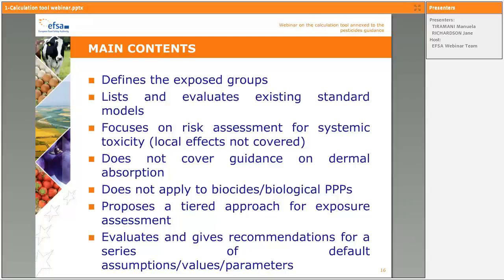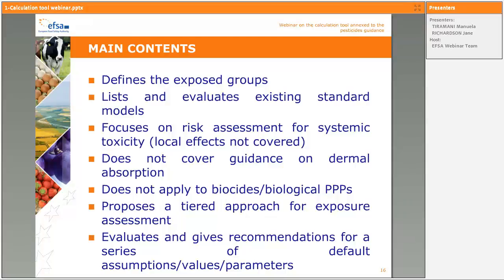Please keep in mind that the guidance and the calculator do not contain anything related to the dermal absorption value itself. The guidance on dermal absorption values derivation is another piece of work we are doing in EFSA currently. There's a revision ongoing of the dermal absorption guidance.